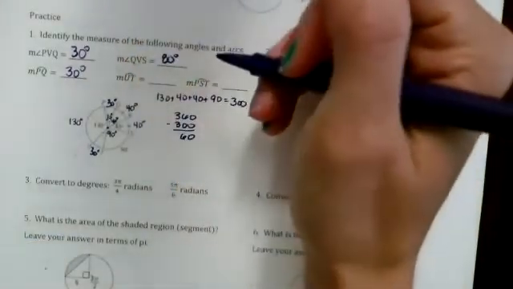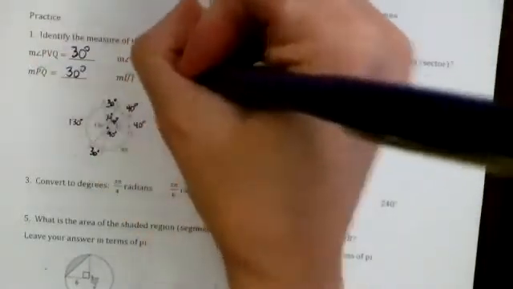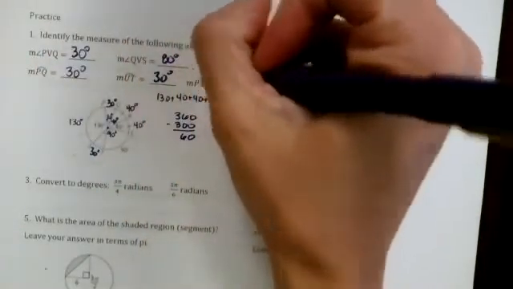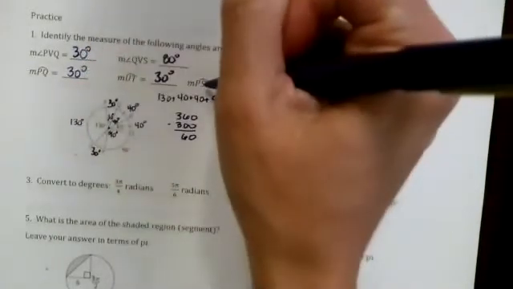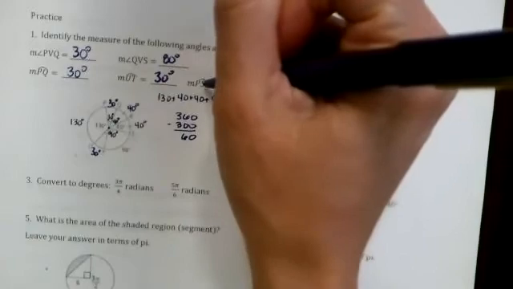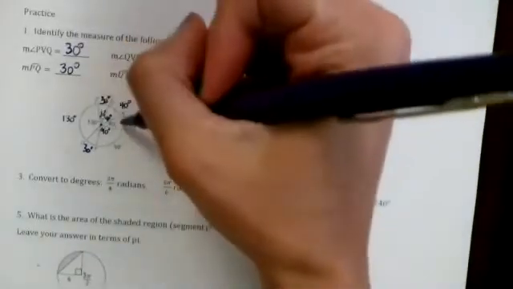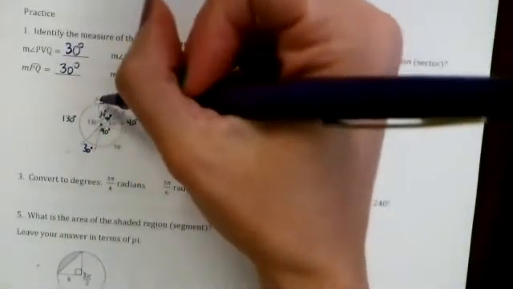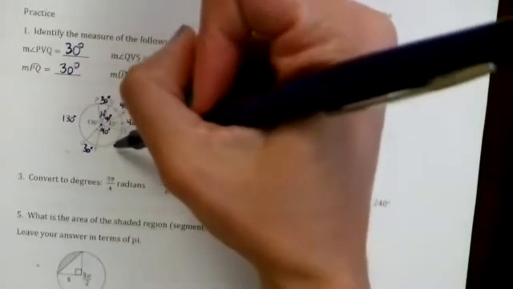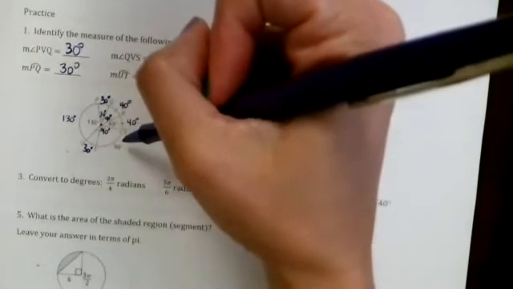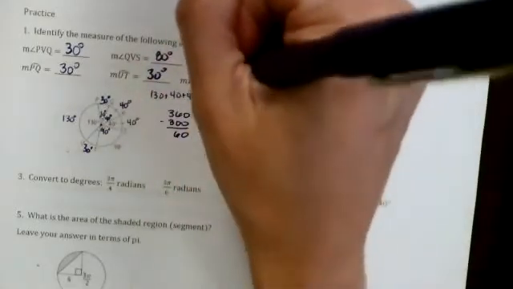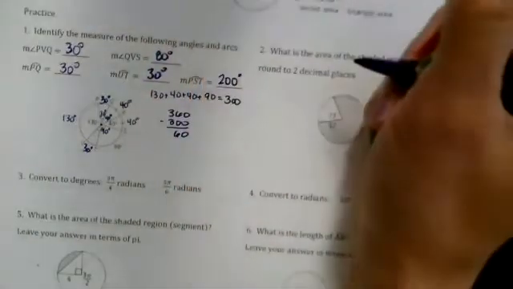And then arc UT is 30 degrees. And then major arc PST, so I start at P, I pass through S, and I end at T. Remember, that middle letter there helps you decide which direction you're going. So PST tells me I need to add up 30, 40, 40, and 90 to see what I would get going that far around the circle. So I'm going to get 200 degrees if I add all those up.